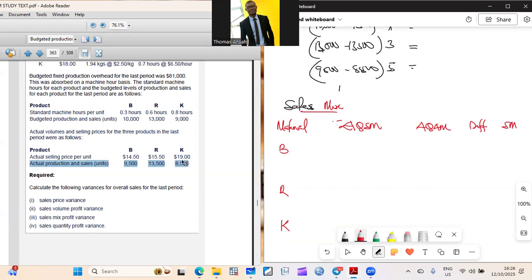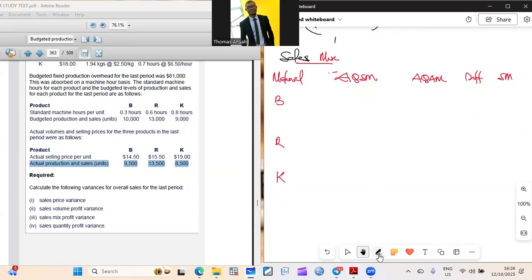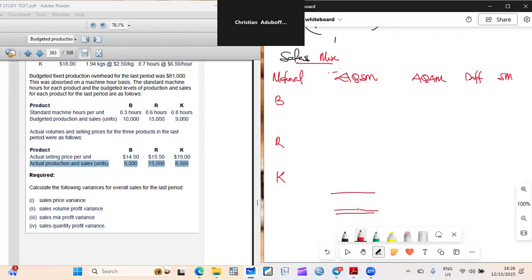So what is the total of that actual quantity? Before you even start, you know that the actual quantity total is 31,500. So that is that.